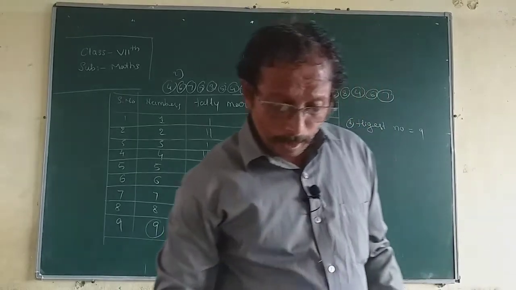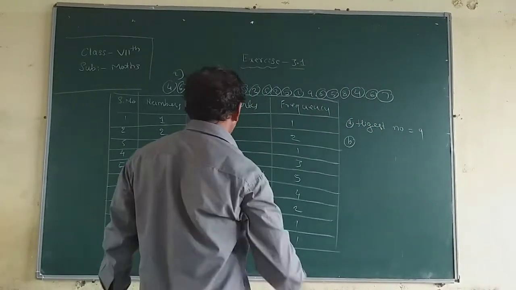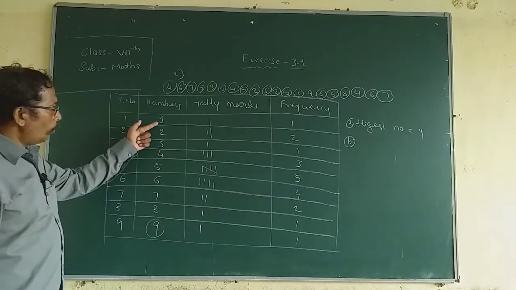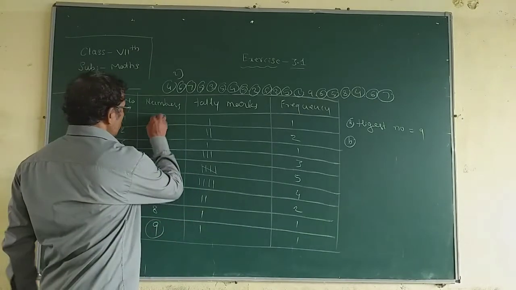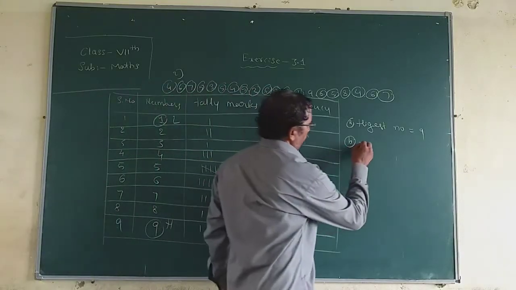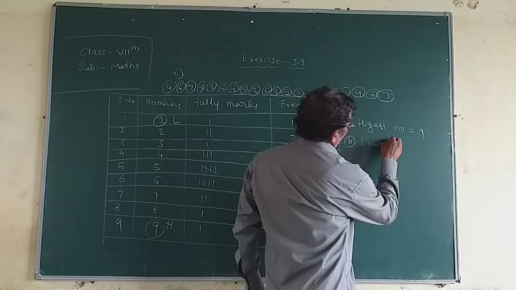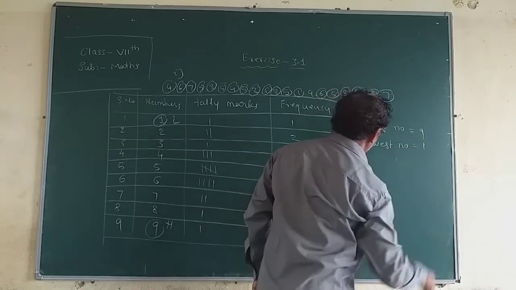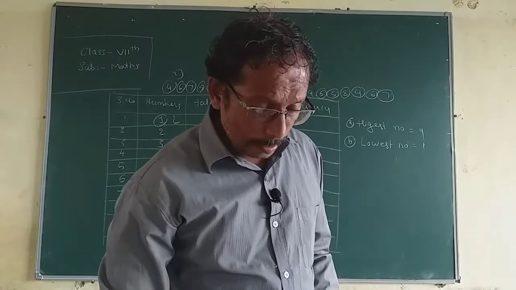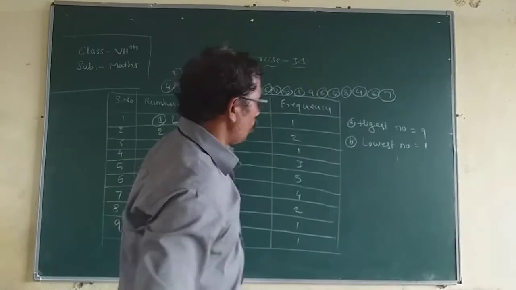B, which number is the lowest? Here the numbers are from 1 to 9, the lowest number is 1. Lowest number is 1.